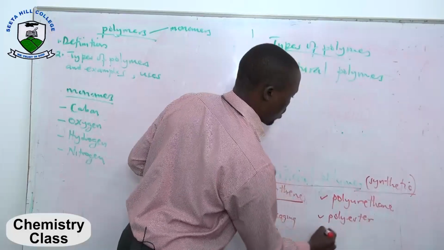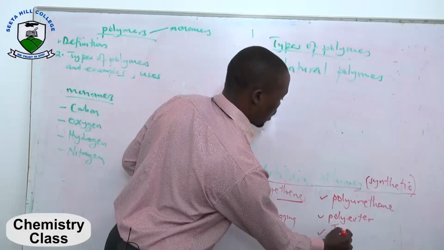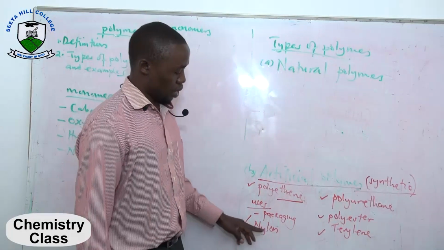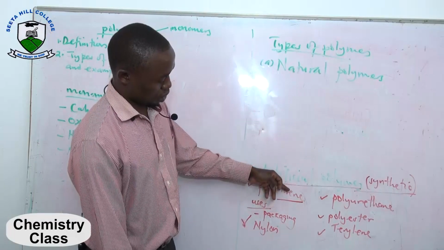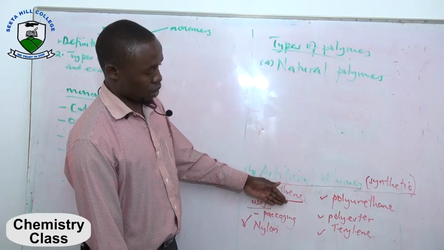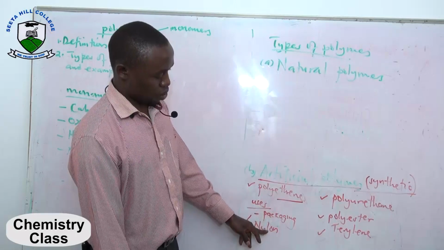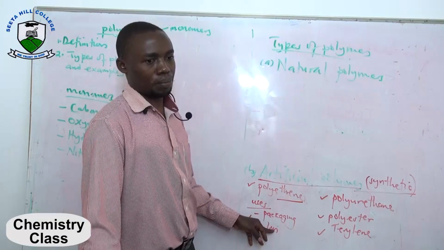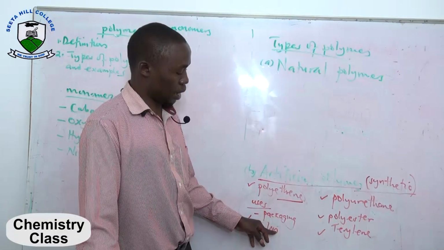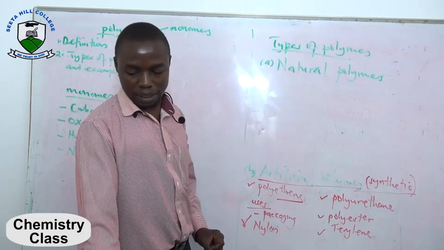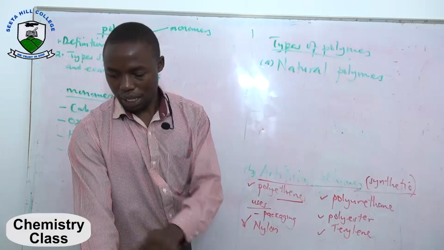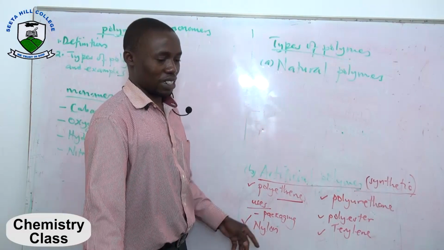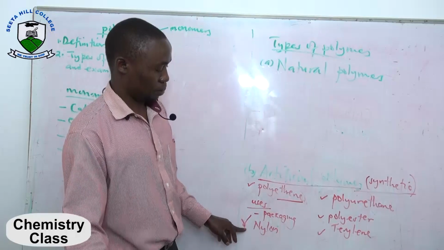Polyester, we can have terylene. We've seen polyethylene making packaging bags and water bottles, water pipes; nylon making clothes, making carpets that are placed in houses.